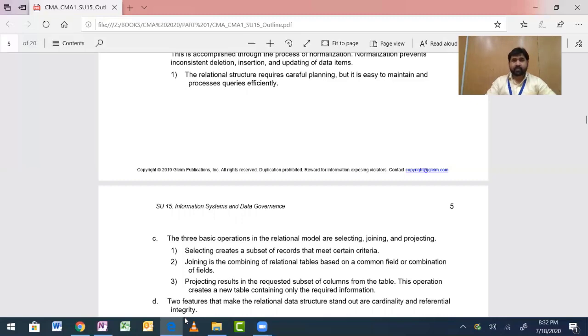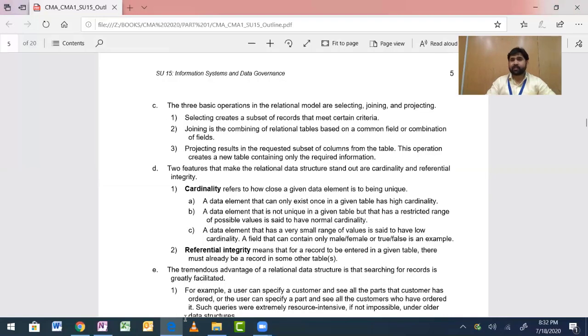Okay. The three basic operations in a relational model are selecting, joining, and projecting. So selecting creates a subset of records. Joining is the combining of relational tables. Basically, see, if you have an electronic shop, computer sales, fine.